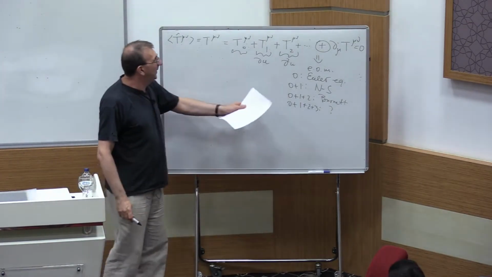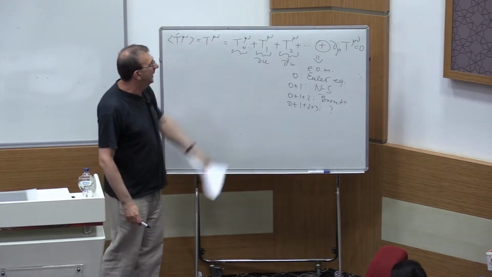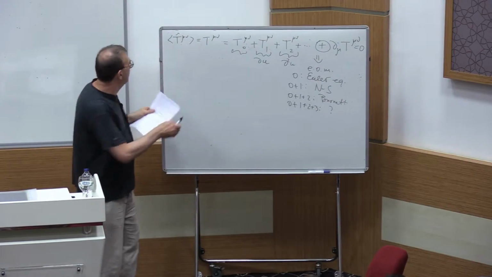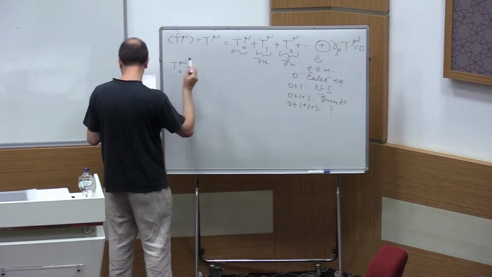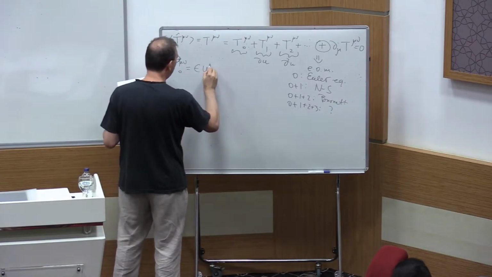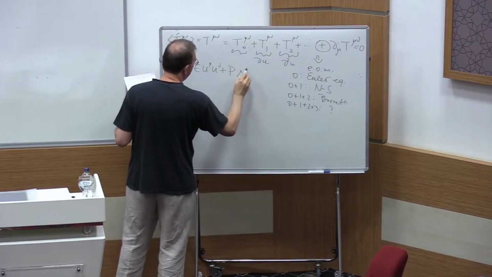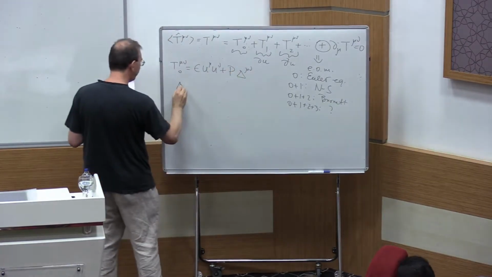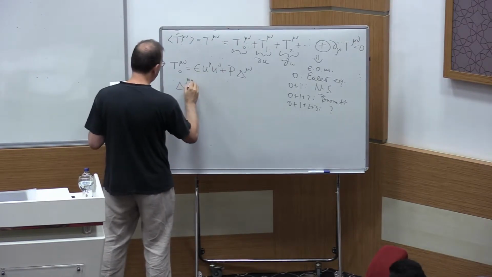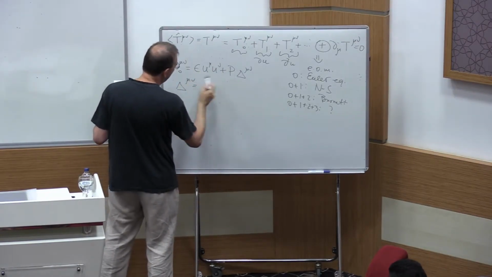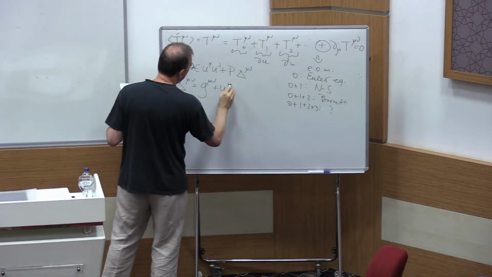In fact, for each entry here, we have an explicit expression for the expectation value of T^{μν}. So T^{μν}_0, remind you, was ε u^μ u^ν plus pressure times Δ^{μν}, where Δ^{μν} was this projector, which I can write in curved space-time.